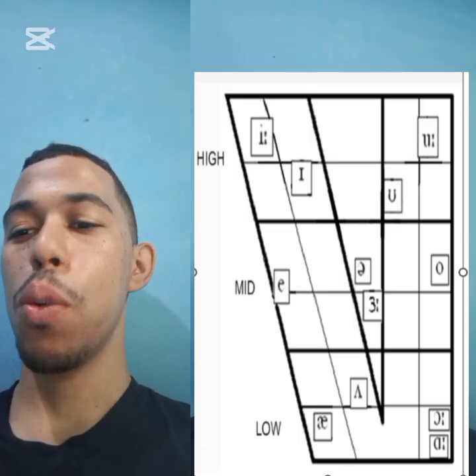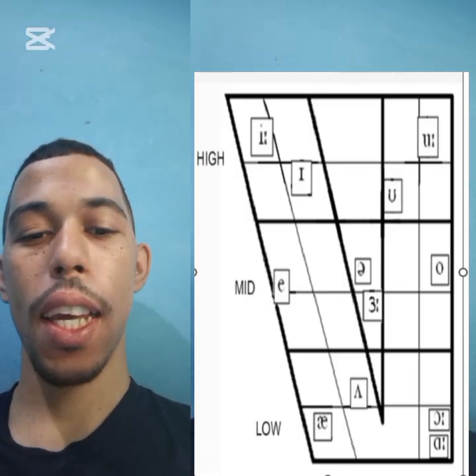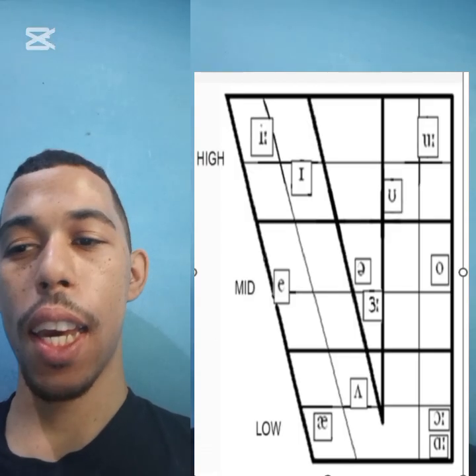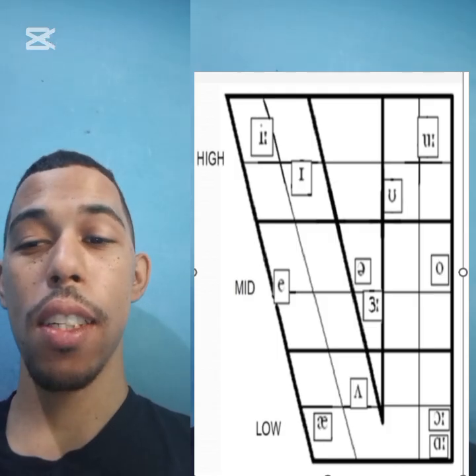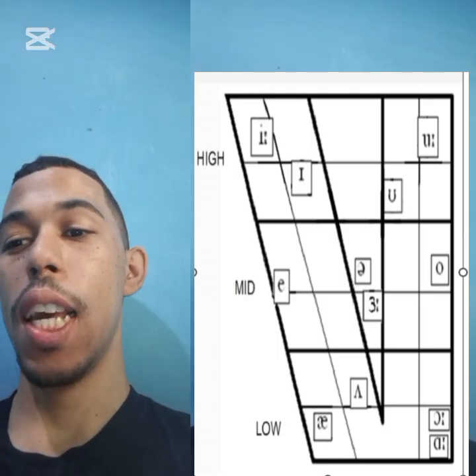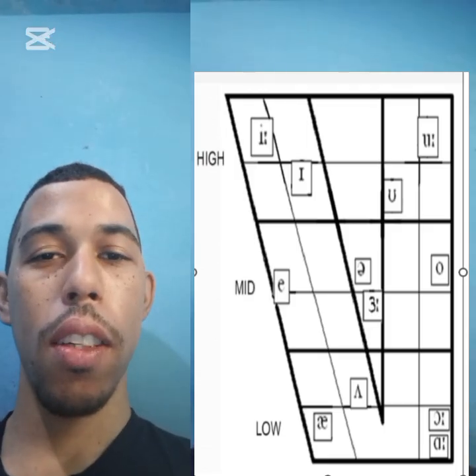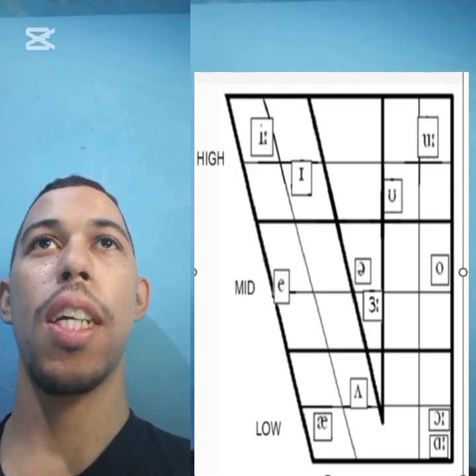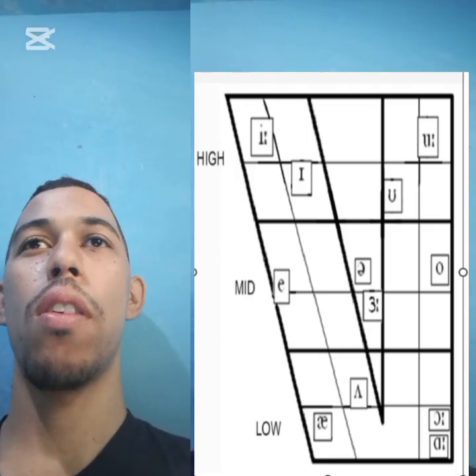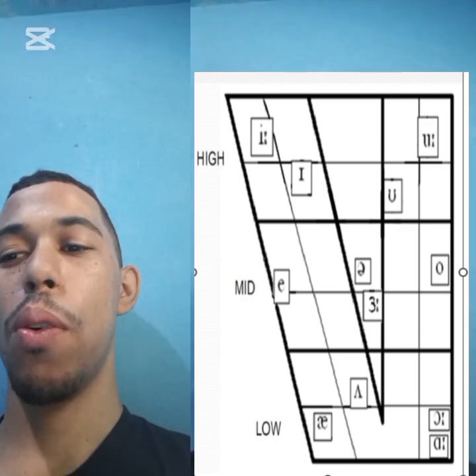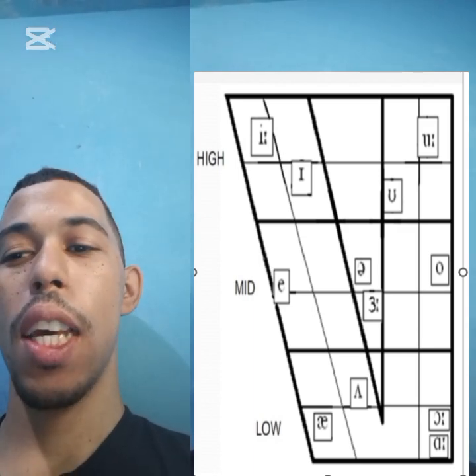Lower in the chart, we have the phoneme "eh", which is relaxed, short, and middle front, and we can find this phoneme in words like "red" or "cell".